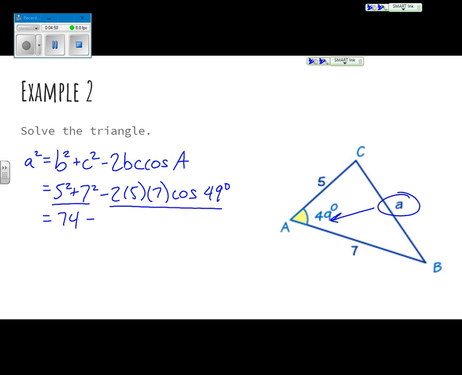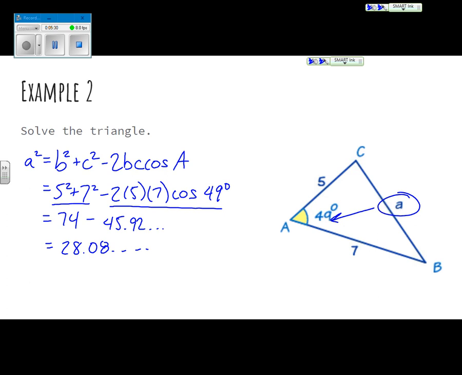So I have 2 times 5 times 7 times cosine of 49, which gave me like 45.92 and some change. Okay. Now to keep my problem going, I'm just going to do 74 minus that answer I just got, and it gives me 28 point, I don't know, 0.7 or 0.8 and some change.